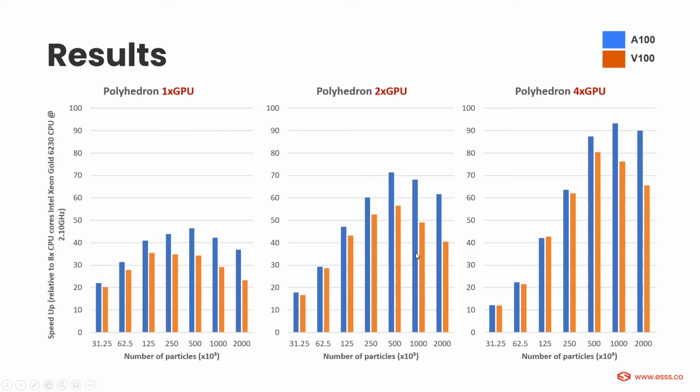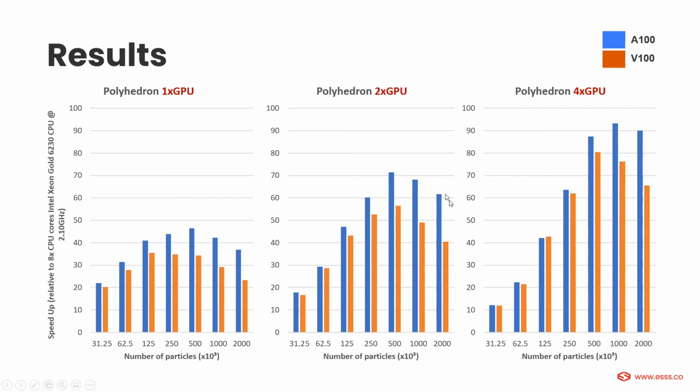If we compare here, only the blue bars are A100s and the orange bars are the V100s, you will see that usually the A100 performs better than the V100, and it gets more pronounced as we increase the problem size.